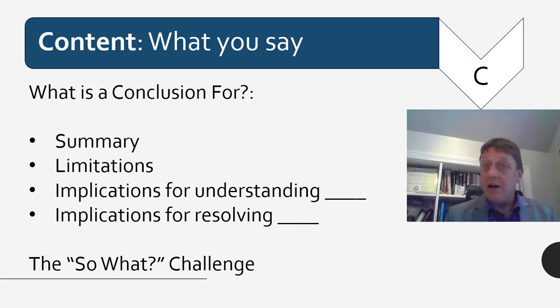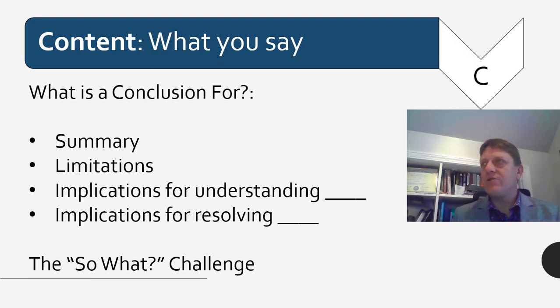You can also describe limitations. That's an excellent place for you to talk about limitations, is in the conclusion. To help your audience restrain themselves in their enthusiasm from over-interpreting the conclusions that you make.